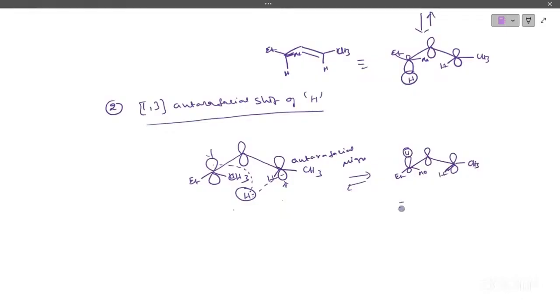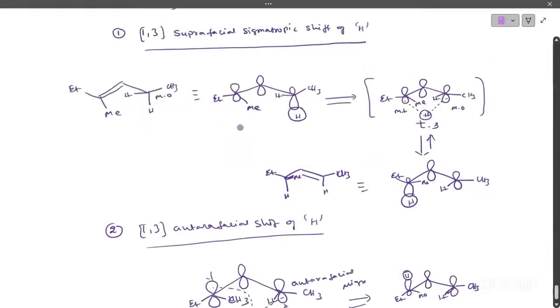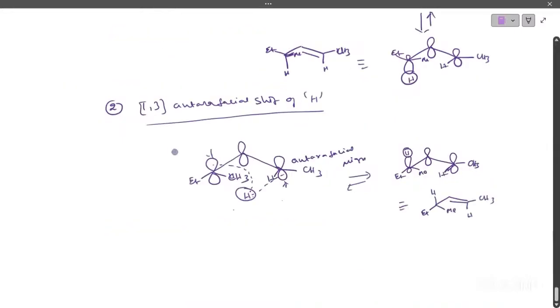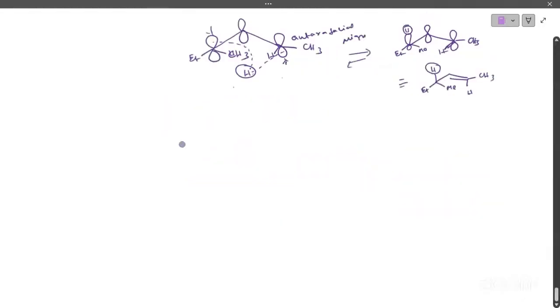Then you can write the product like this: hydrogen, methyl group, and ethyl group. This becomes hydrogen. Look at here. When you compare, in the starting material, the hydrogen is below the plane of the pi system. After migration, it reaches above the plane of the pi system. This is known as antarafacial shift.